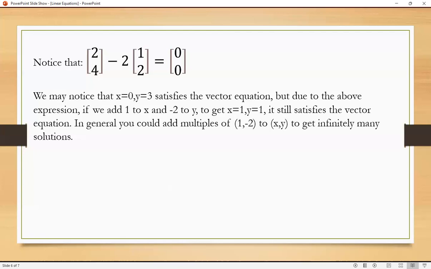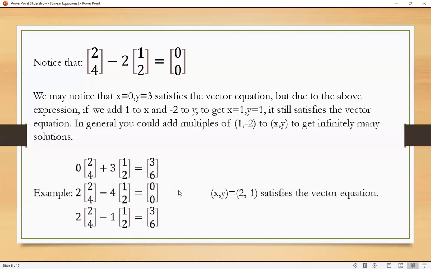So we are going to show an example here. We know that 0 times the vector 2, 4 plus 3 times the vector 1, 2 equals the vector 3, 6. Also, we can multiply this equation 2, 4 minus twice of 1, 2 equals 0, 0 by 2, and we get the second equation.